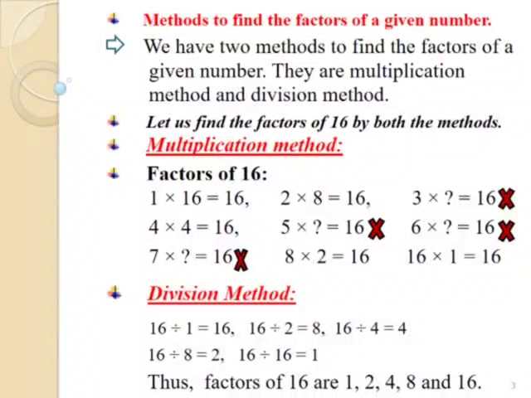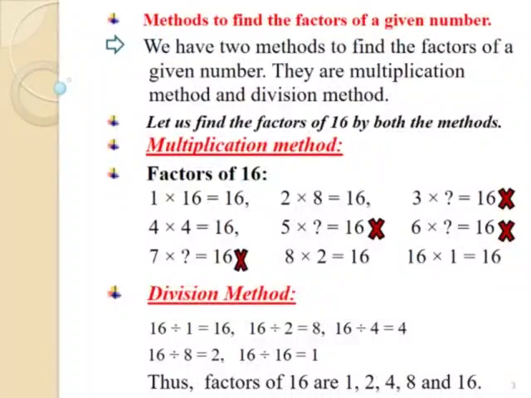Students, before finding out the factors of 16, let's first recall what is a factor. Students, we know that the numbers that are being multiplied are called the factors of the product. So, let's multiply the numbers in order to get the factors of 16.